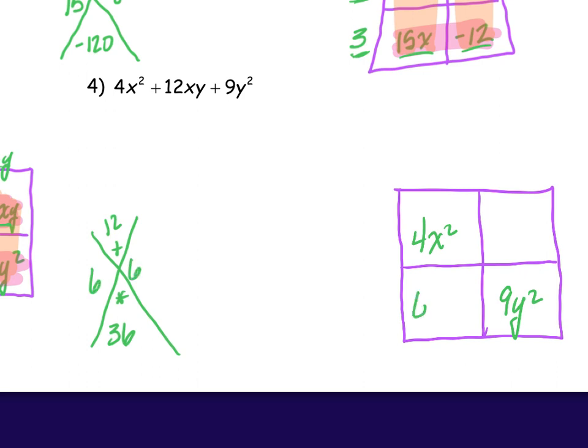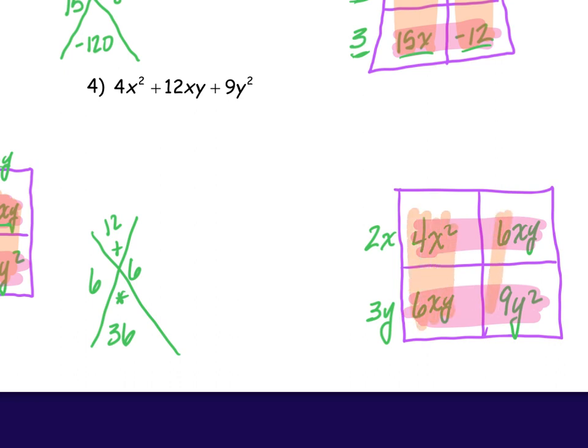So I've got 6xy and 6xy. So now we're factoring. I'm just going to highlight them both. Is that okay if I highlight them both at the same time? Sorry, guys. So that would be 2x and 3y. And then we're going to do the 2x and 3y.